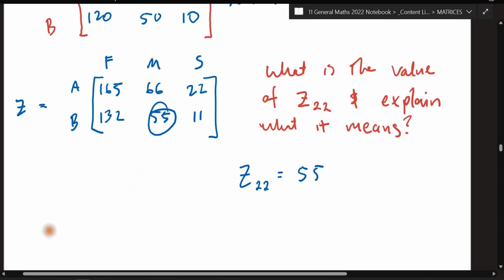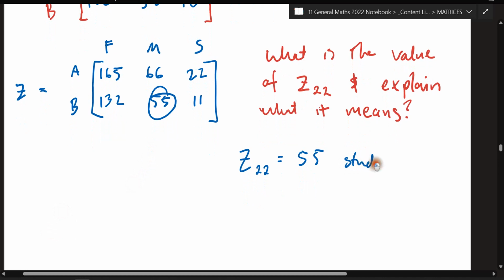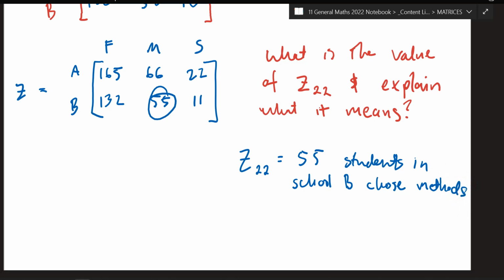So 55, you can just write 55 students in school B chose methods. Okay, that's what that means. So you have to explain to me what it means properly when you do these questions. Don't just give me the number, give me the context.